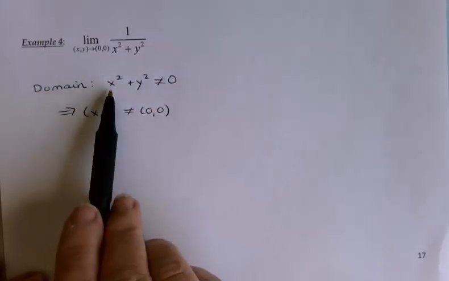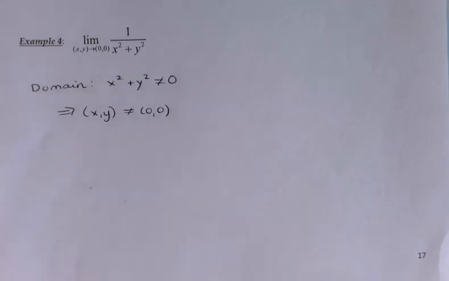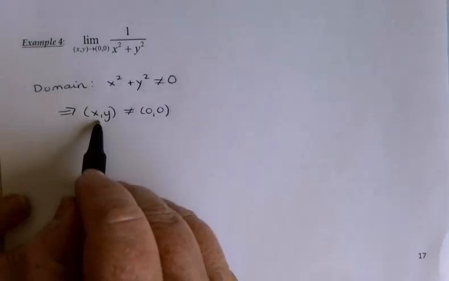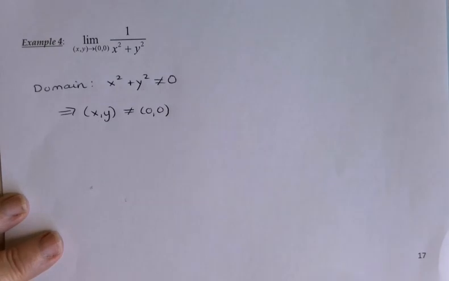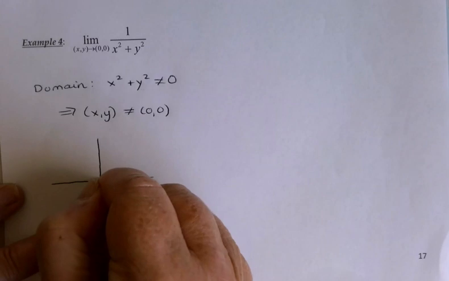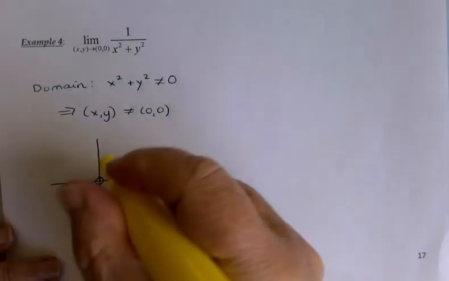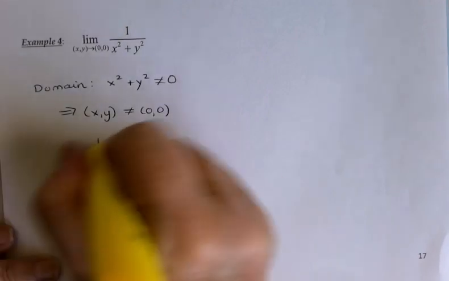Any other values, positive or negative, once you square them, will result in a positive plus a positive, and therefore won't be 0. So that's the only bad point. That means if I wanted to sketch my domain, it's basically like having a little hole right here at the origin, and the domain is everything else.